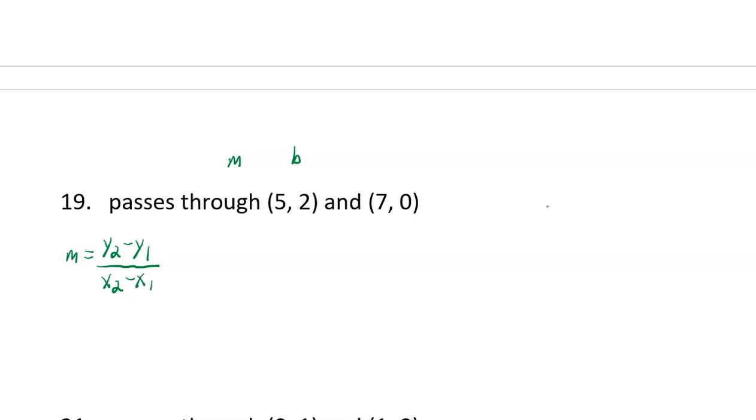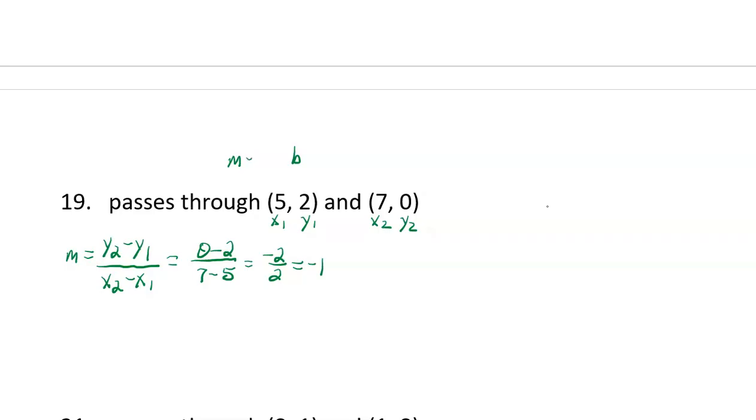The first ordered pair is the x1 and the y1. The second ordered pair is x2 and y2. So we have 0 take away 2, and 7 take away 5. This is -2 over 2, which is -1.